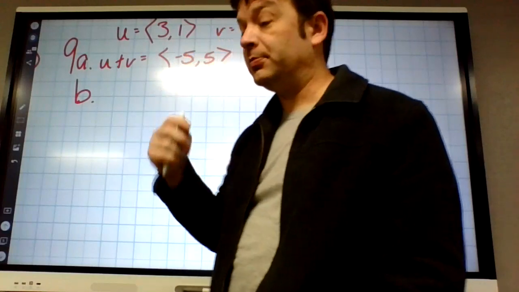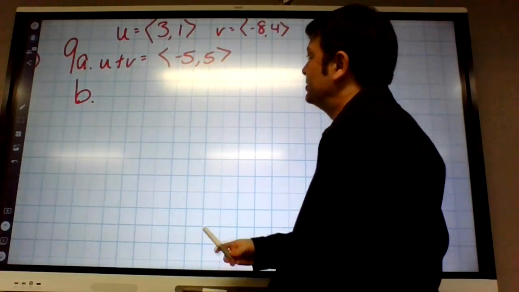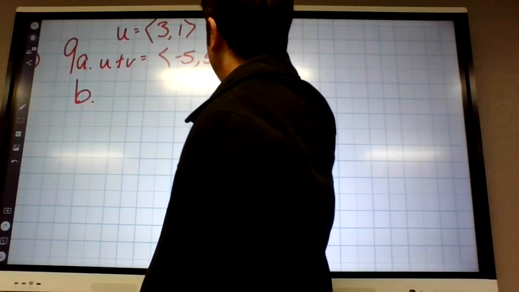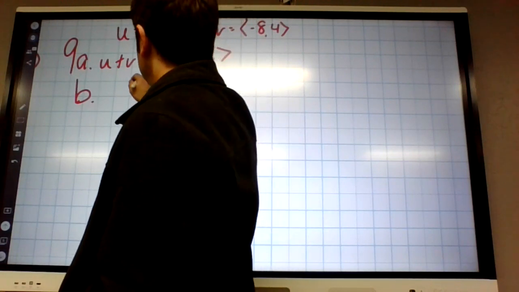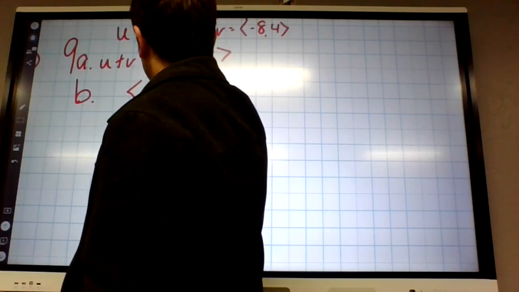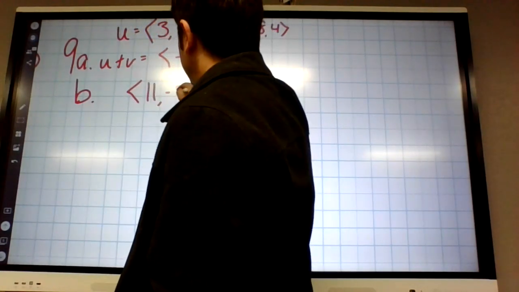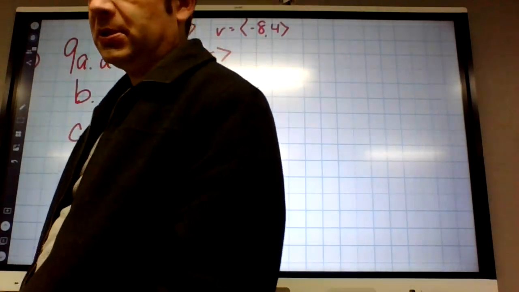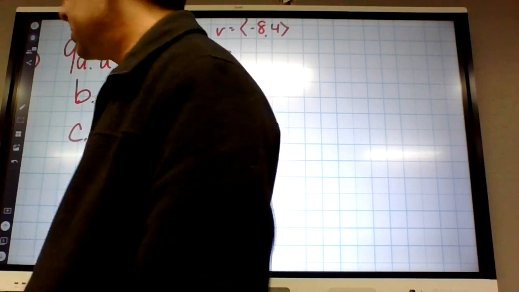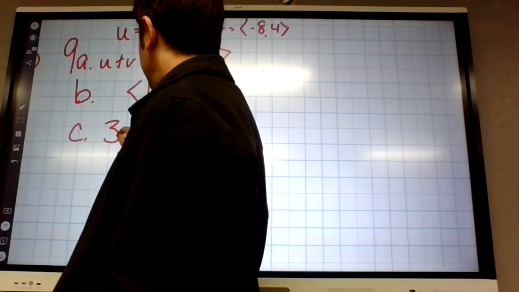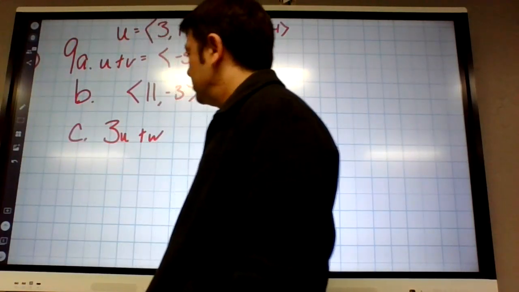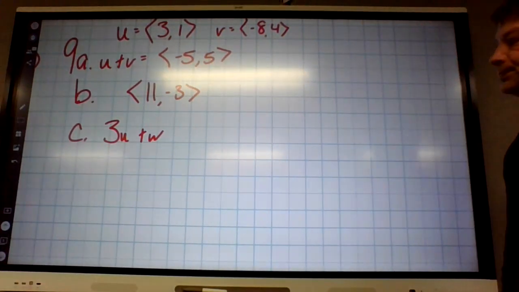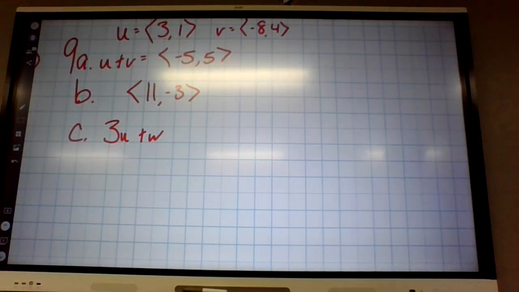So B says u minus v, so for the x you do 3 minus negative 8, so 11, and 1 minus 4, negative 2. C says 3u plus w, so what would we have to do on that? Multiply u by 3.